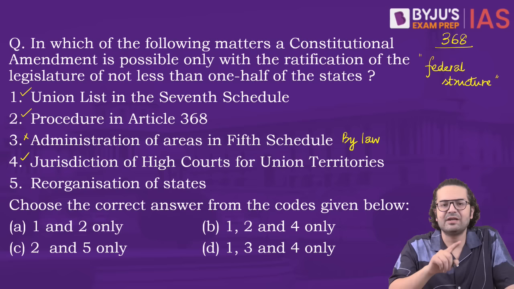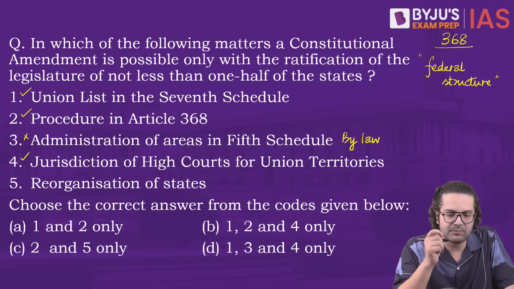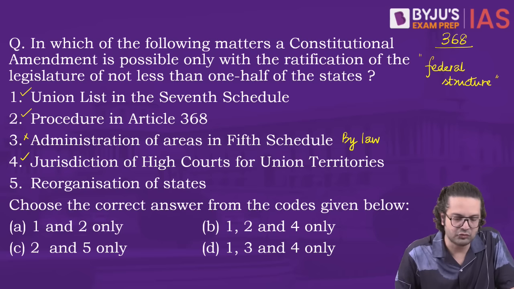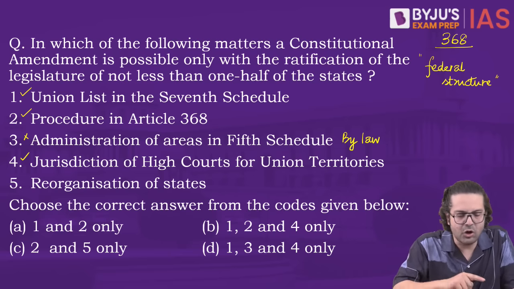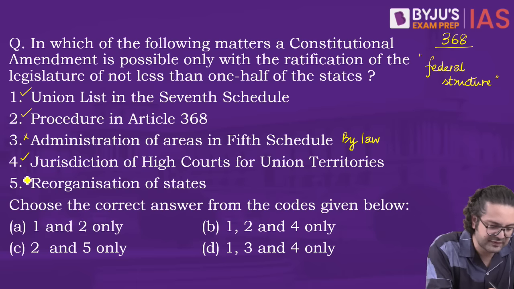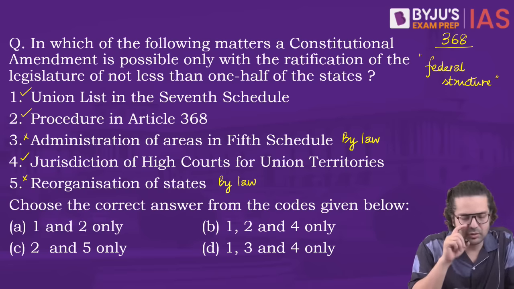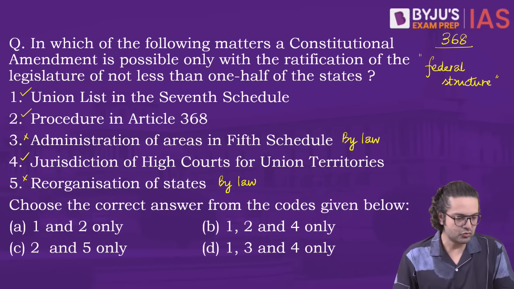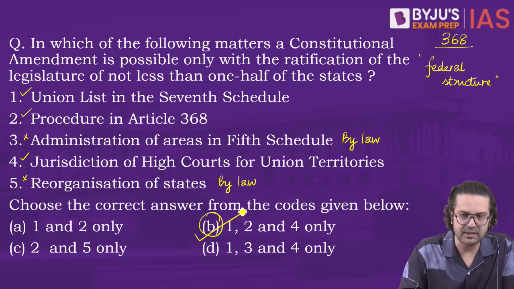So the provisions for high courts and Supreme Court require what? The ratification, the approval by the states also. Ratification means approval. And the 5th one, reorganization of states. This is also wrong. Article 3 is done by law, a simple majority. So 1, 2 and 4, B is the right answer.